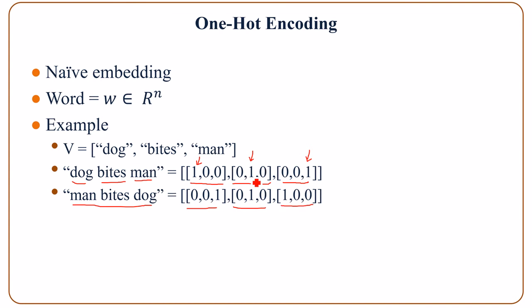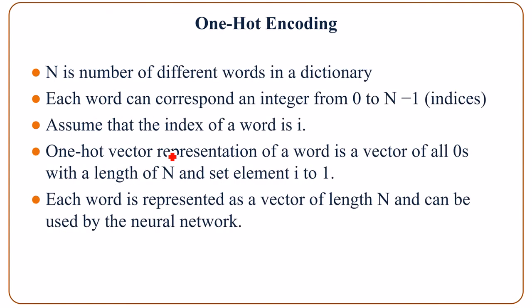Now let's denote n as the number of different words in the dictionary. Each word corresponds to an integer from 0 to n minus 1. The integer is the index of the word in the dictionary. So let's assume that the index of a word is i.